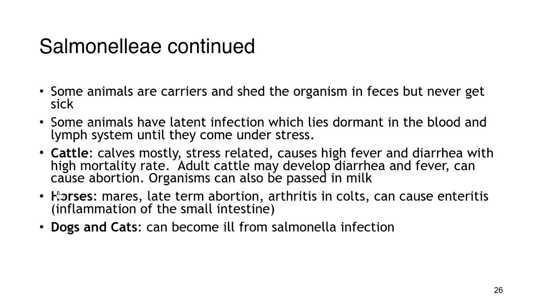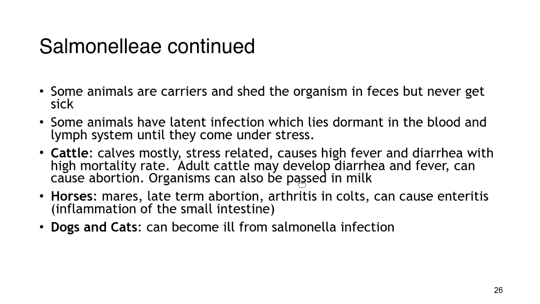Cattle, when they're being shipped off to market, and if there is a Salmonella outbreak, just the stress of being shipped to market might have them break with heavy diarrhea and so forth, high fevers, and maybe a high mortality rate. Adult cattle may develop diarrhea and fever, can cause abortion, and the organisms may also be passed in the milk.